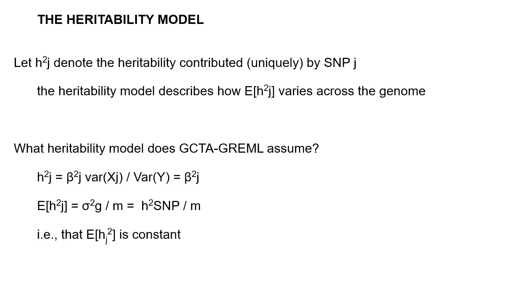Now, because we've assumed that effect sizes are normally distributed, we know their expectation, and so the expected heritability is the genetic variance divided by the number of SNPs. Or alternatively, it's the SNP heritability divided by the number of SNPs. So the point is that GCTA assumes that each SNP is expected to contribute an equal share of SNP heritability.